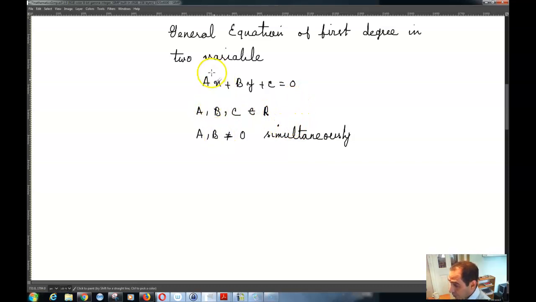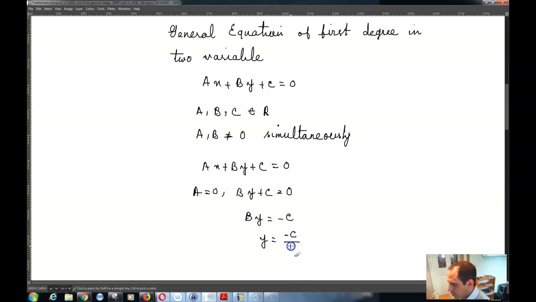if, for example, in this equation ax plus by plus c is equal to 0, a is equal to 0, then you will get by plus c is equal to 0, or by is equal to negative c, or y is equal to negative c by b, which is basically some horizontal line.